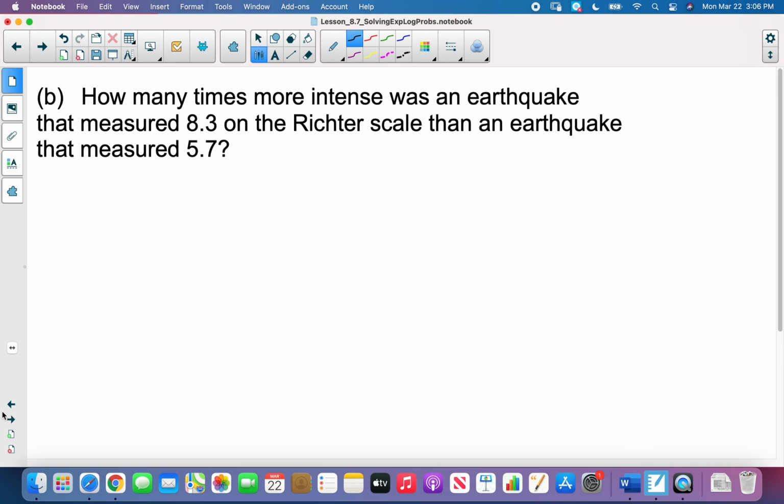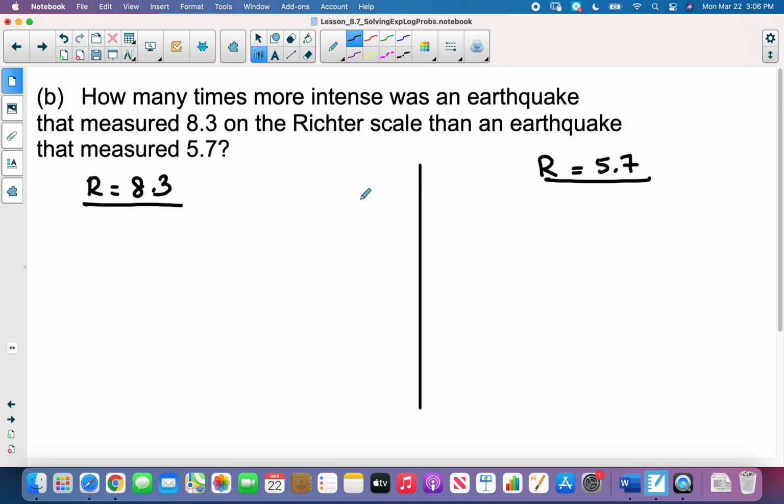How many times more intense was an earthquake that measured 8.3 on the Richter scale than an earthquake that measured 5.7? So you have two comparisons to be made. One is an R value of 8.3 and the other one is an R value of 5.7. So how much is the difference? For this one, we have the formula R is equal to log of I divided by I0.